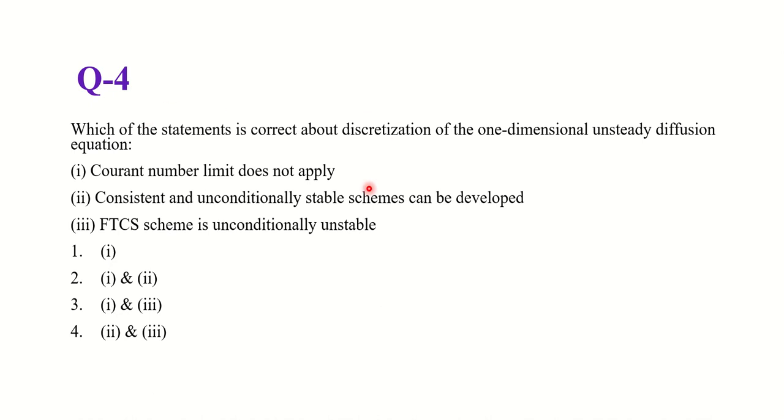So in one statement itself, there are various concepts involved. Quran number limit does not apply. Consistent and unconditionally stable schemes can be developed. FTCS scheme is unconditionally stable. On looking at this, we can eliminate one option, that is, Quran number limit does not apply.